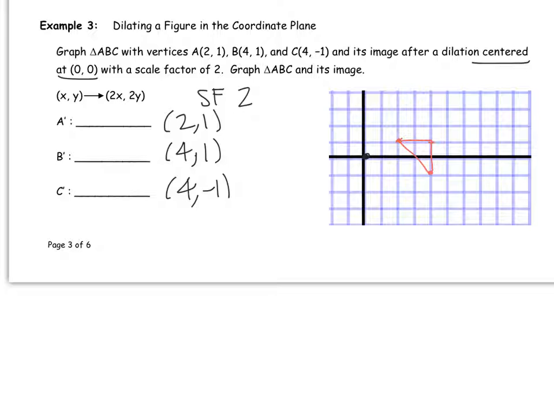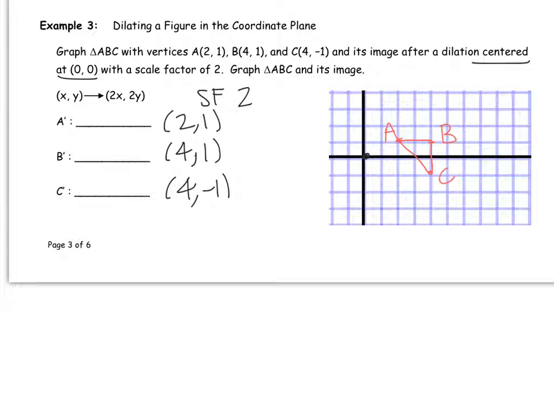For this next example, dilating a figure in a coordinate plane, notice I've already graphed triangle ABC, and you need to make sure that you do the same. We're going to graph the image as soon as we figure out what the new points would be, because we are dilating it from the center being at the origin, which makes it the easiest, and it has a scale factor of 2.